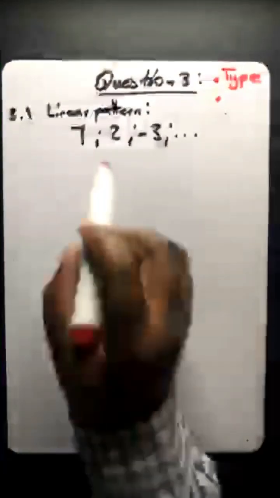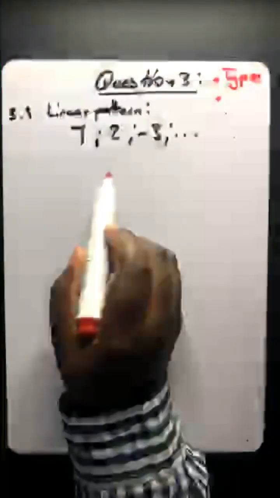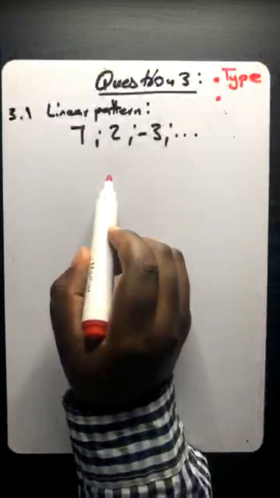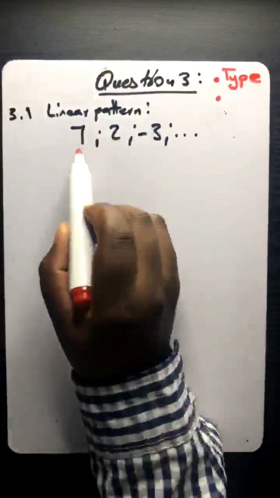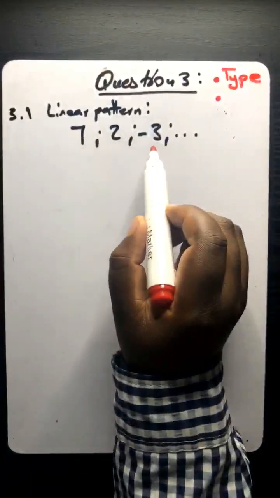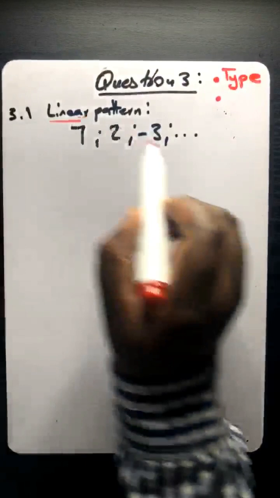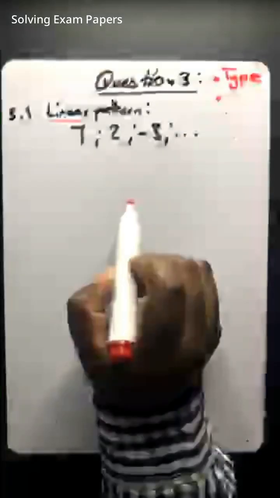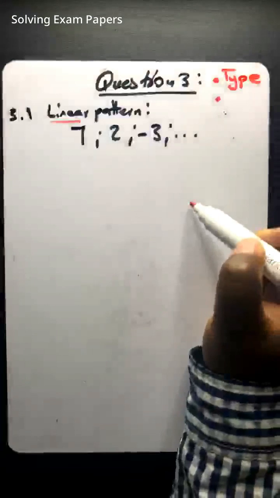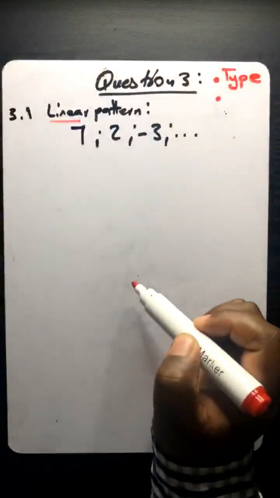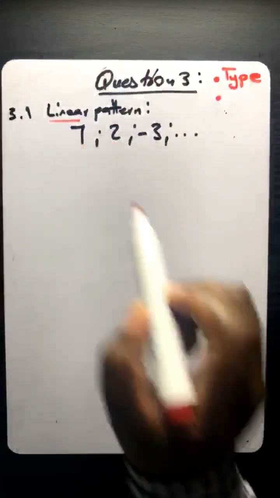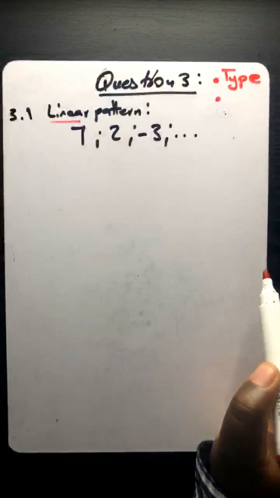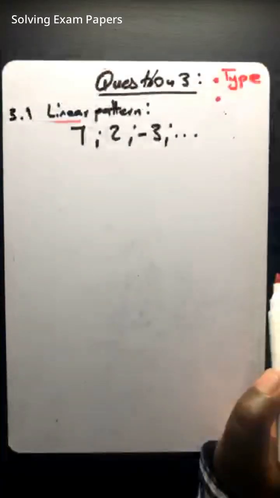So that means you need to say that minus that and that minus that, just to check if you get the first common difference. If you don't, you continue to say that minus that. But in most cases, when you are given three terms, mostly it's a linear. But when you are given four terms, then it is most likely to be quadratic. If it fails on both, there is no other way. It has to be a geometric, where you say that divided by that divided by that, and it gives you a ratio.